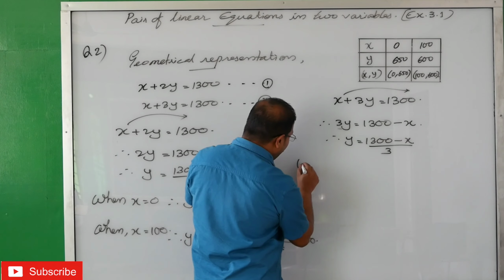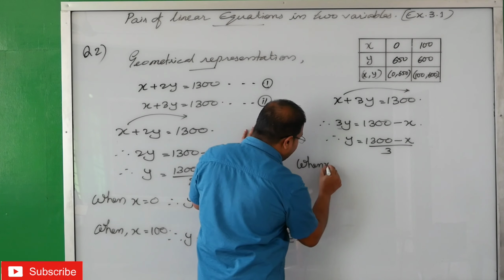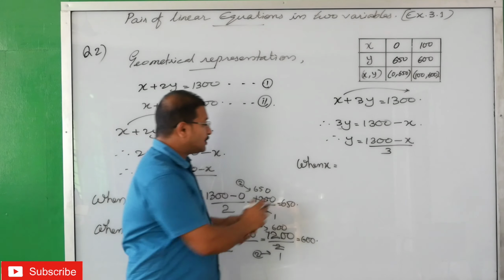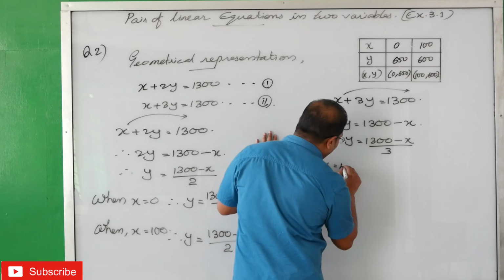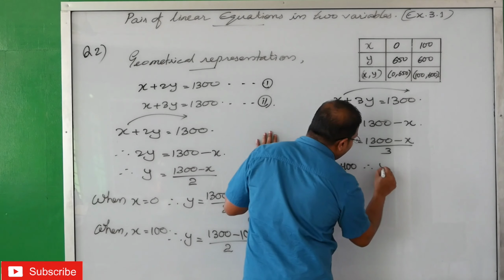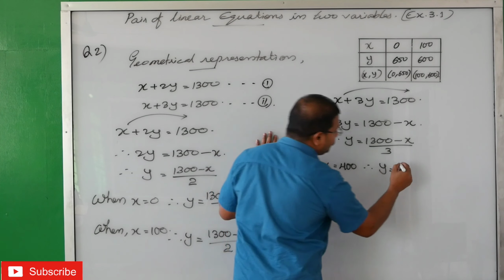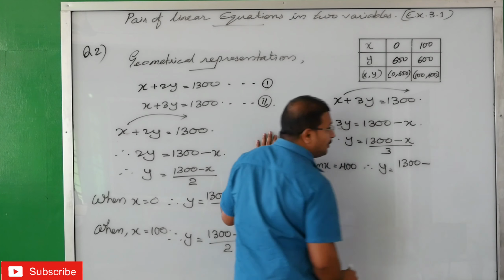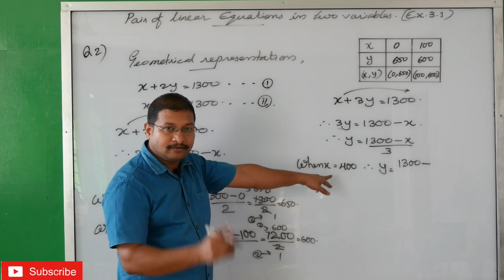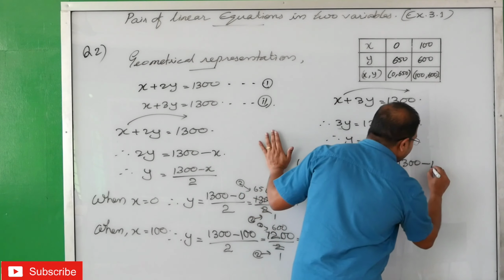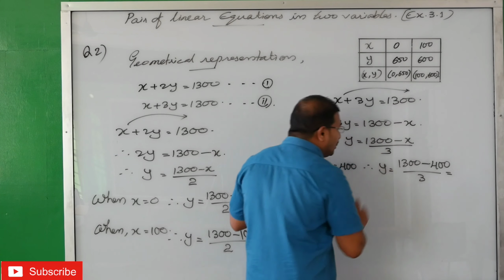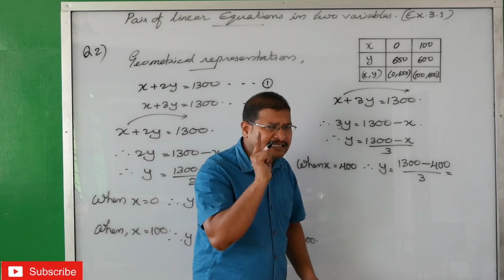Now, what you will do? When x equals, we can put any value, that is up to you. Ready? So, I am just putting when x equals 400, therefore, y equals, what you will do? 1300, it is already here, minus, in place of x, what you will write? 400, divided by 3 equals 1300 minus 400.